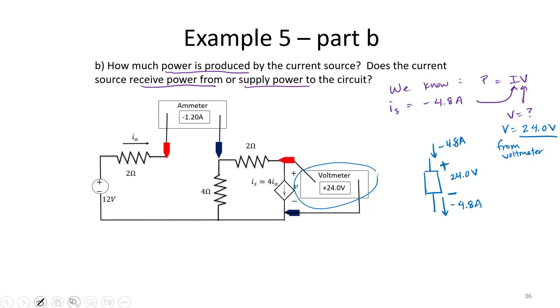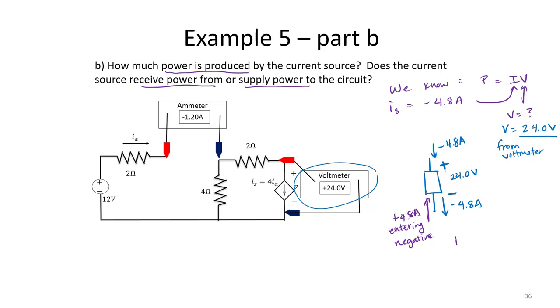So notice because of the negative sign, we could also instead write that we have positive 4.8 amps entering the negative terminal. So notice this is a good time to whip out our passive convention.